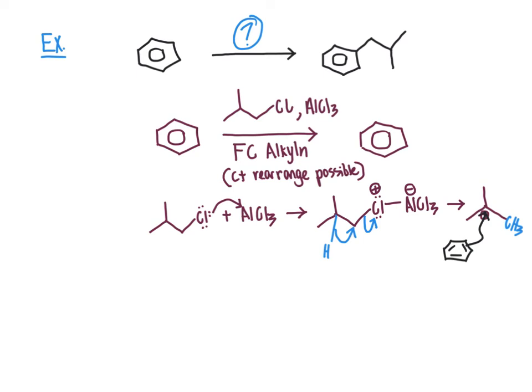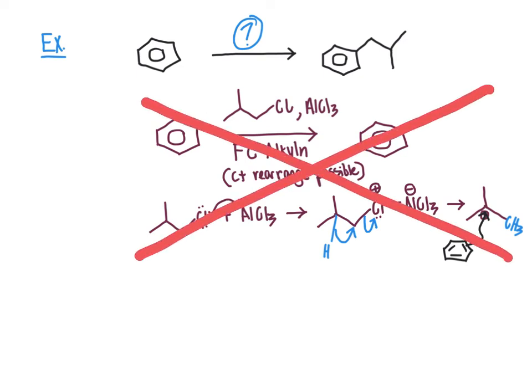And so therefore, this Friedel-Crafts alkylation reaction would not work for giving the desired product here. So this would definitely not yield the desired product, and the reason is that carbocation rearrangement.